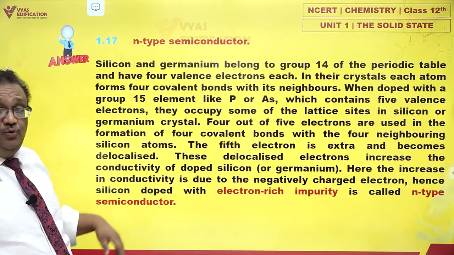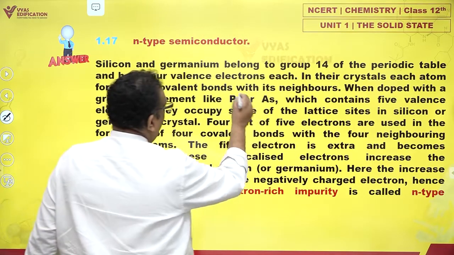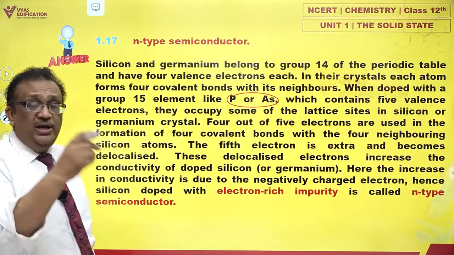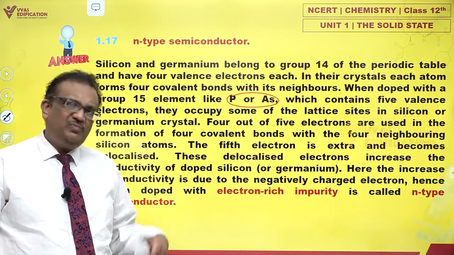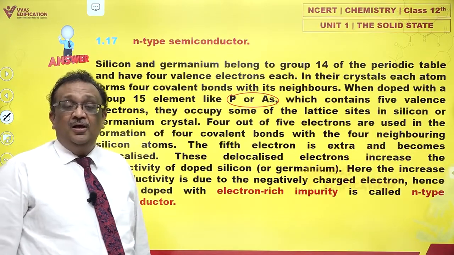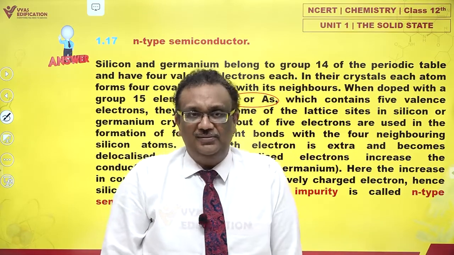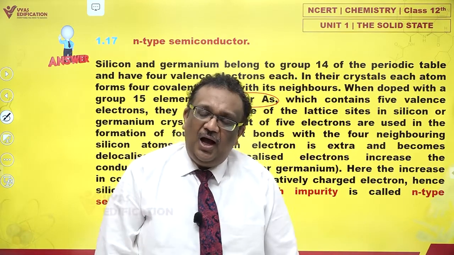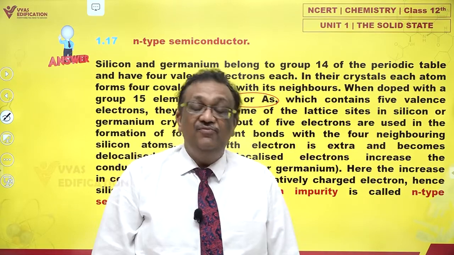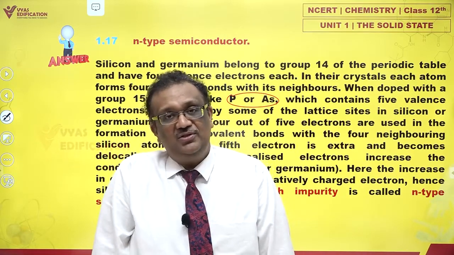In that, if you insert an atom of arsenic or phosphorus or anything of group 5, it could also be antimony. Now imagine that you have a giant crystal network of silicon, and amongst them there is one atom which is not silicon but phosphorus.